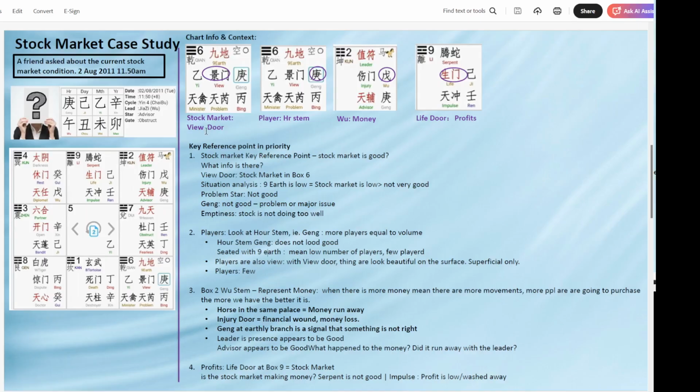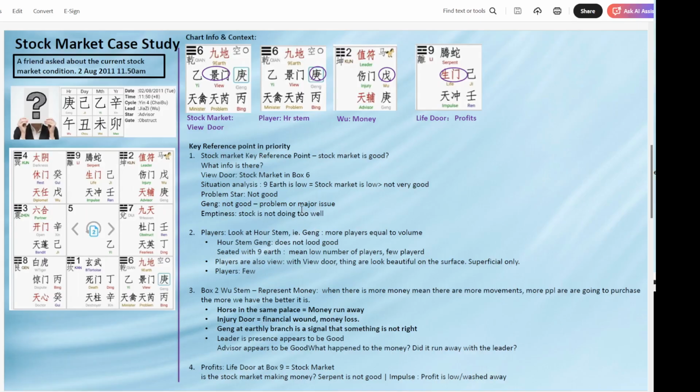I have purposely put it out here: stock market in one box, and I identify the players here as well, but it is in box 6 too. So the players' box is represented by the same thing: Nine Earth, View Door, and Problem Star.